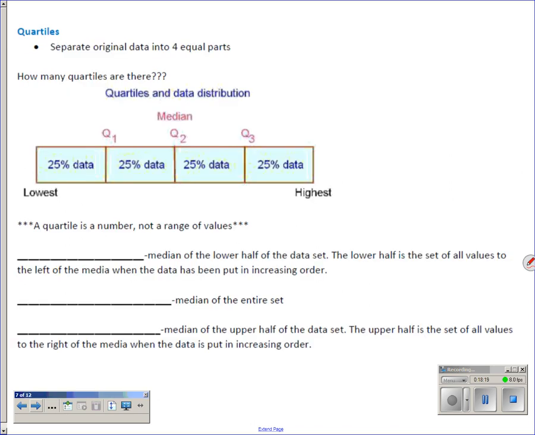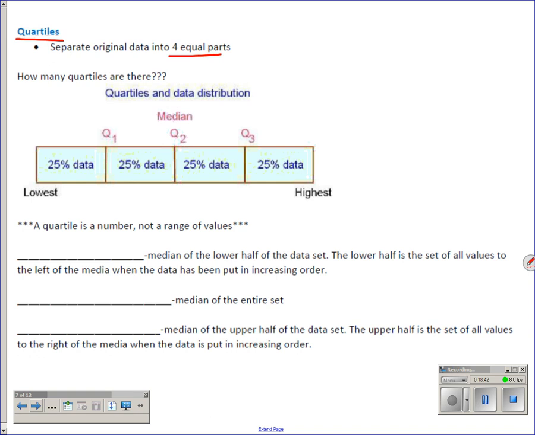In order to build up to that, you got to know what quartiles are in order to find the interquartile range. We're going to do all this with the calculator too, so that's good. A quartile is a number that separates our data into 4 equal parts.